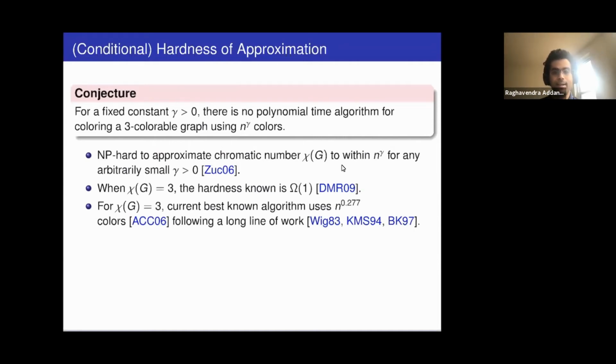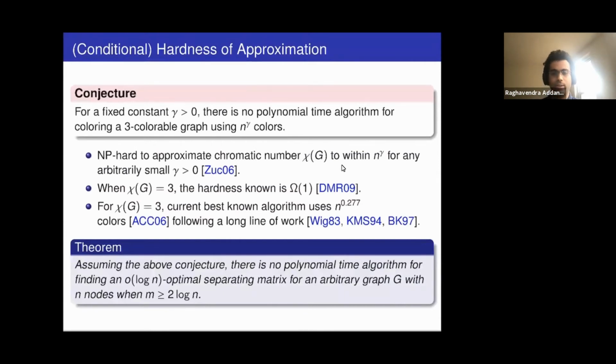When chi of G is 3, the current best known algorithm uses n to the 0.277 colors. As you can see, there is a huge difference between the current known hardness and the best known algorithm until now. So because of this, we formulate this conjecture where we assume that any 3-colorable graph cannot be colored in sub-polynomially many colors.